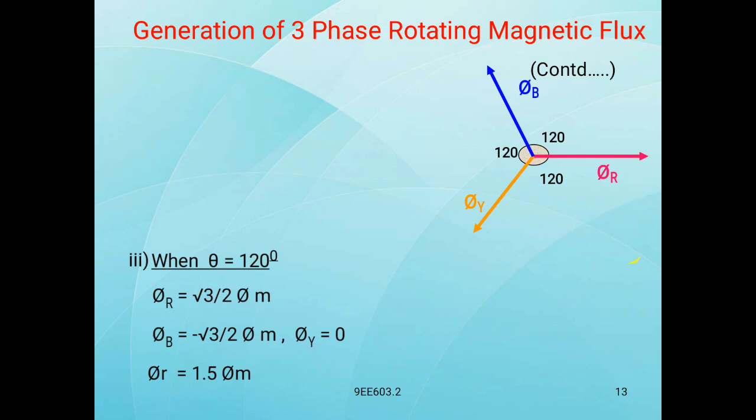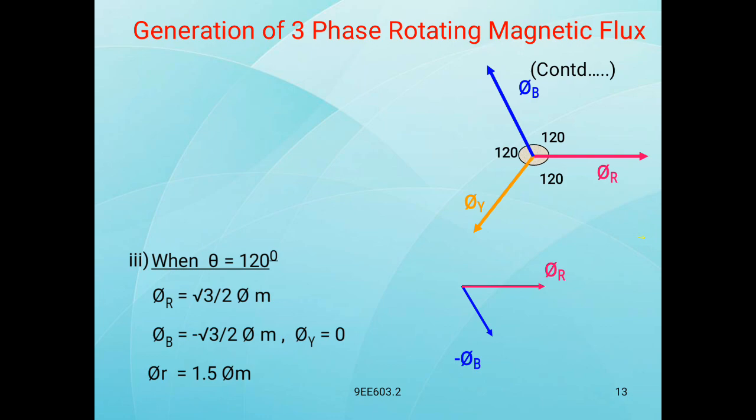So whenever the three phases are at θ equal to 0 degrees, 60 degrees and 120 degrees, the resultant rotating magnetic flux φr is 1.5 φm. How then do we draw the vector diagram? φr is positive, φb is negative, so φy is 0.